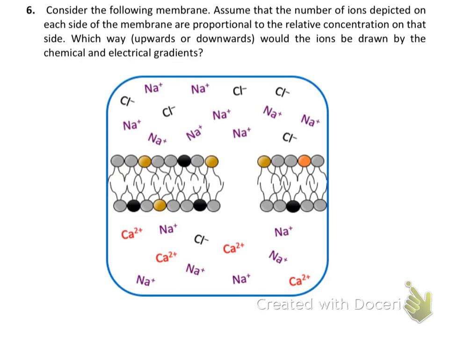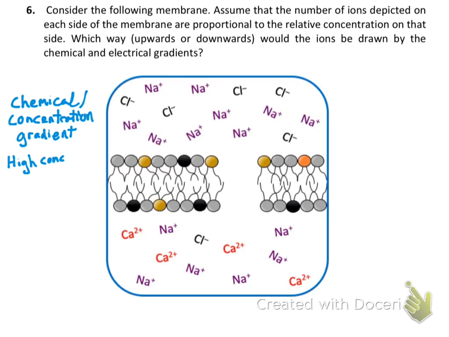For the chemical concentration gradient, our chemicals are going to move from high concentration to low concentration. So this is sort of like the idea of diffusion. The more concentrated side is going to get lower in concentration as the ions move away from it.